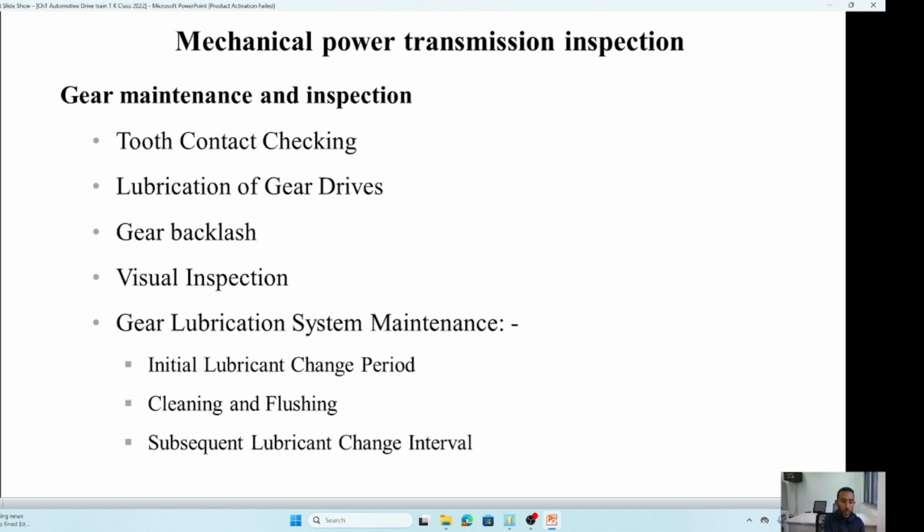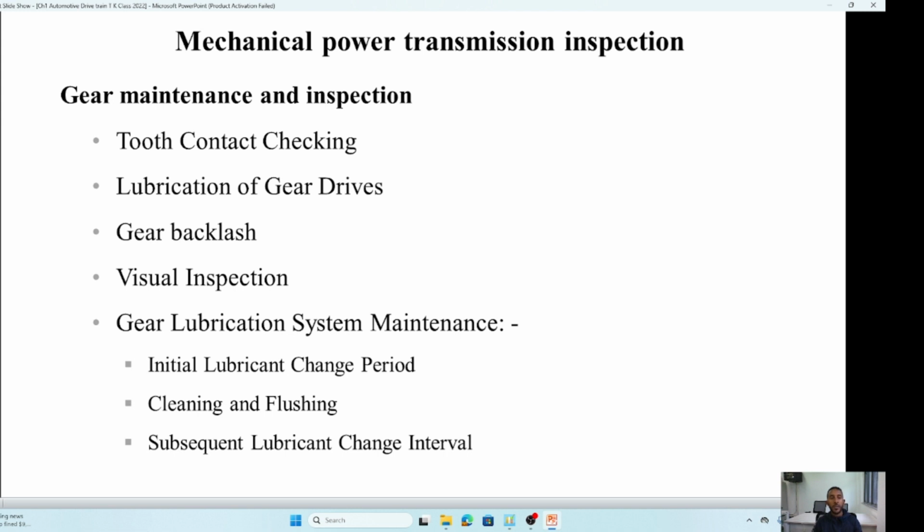We will try to see how the gear tooth contact must be checked, what type of lubrication the gear requires, and how we can perform some preventive measures for these lubrication systems, and how gear backlash will affect the system operation, and what type of measurement we perform, and how we can perform visual inspection on gear parts. Also, in gear lubrication system maintenance, specifically, we will see different parts.